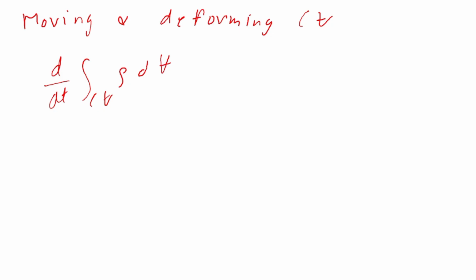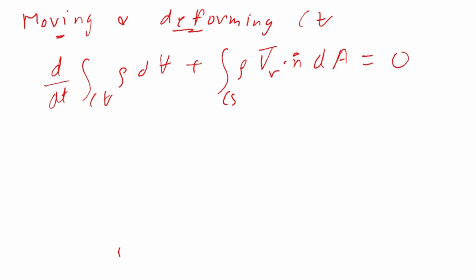Remember, you cannot pull the time derivative inside the integral, because the volume is changing, it is deforming, right? Plus the integral over the control surface of ρ V, but now you're not using the velocity of the fluid, you're using the relative velocity, dot n dA, because it's moving and deforming, and that is equal to 0.